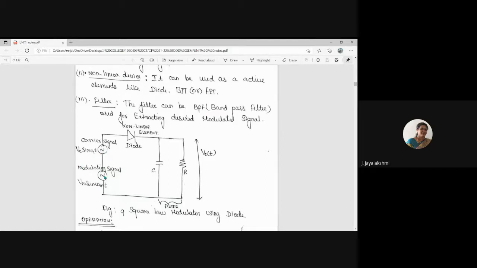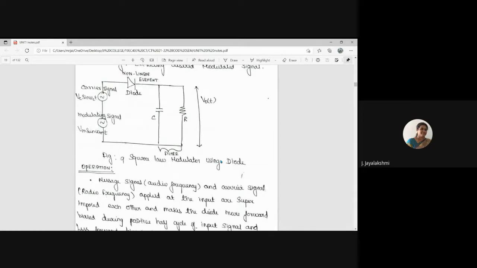These are the carrier signal and information signal. This is fed to a nonlinear element, and this is going to an RC filter, which behaves like a bandpass filter. So you are going to take the output at the bandpass filter as V0(t). This output V0(t) is nothing but the AM modulated signal.